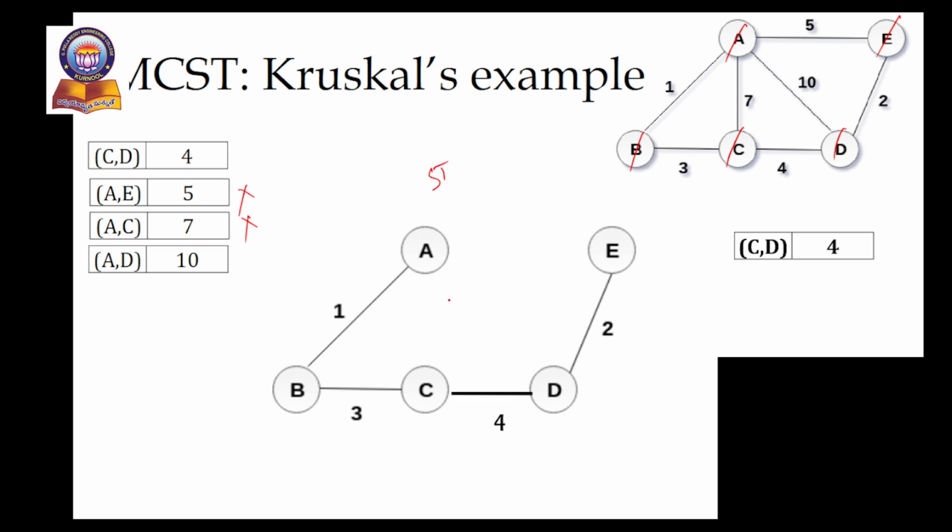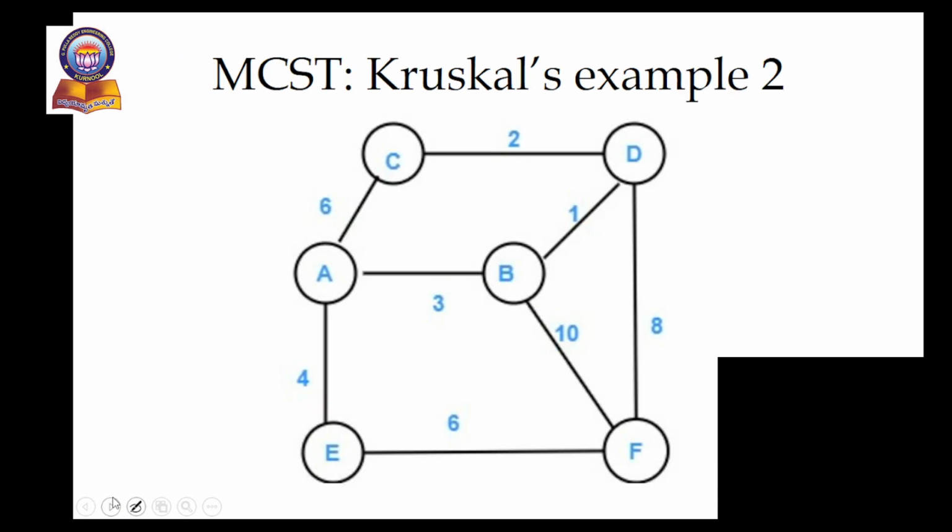And the total cost, that is the sum of all these edge costs, 1 plus 1 plus 2 plus 3 plus 4, will be equal to 10. And this method, we can solve the problem of Kruskal's.